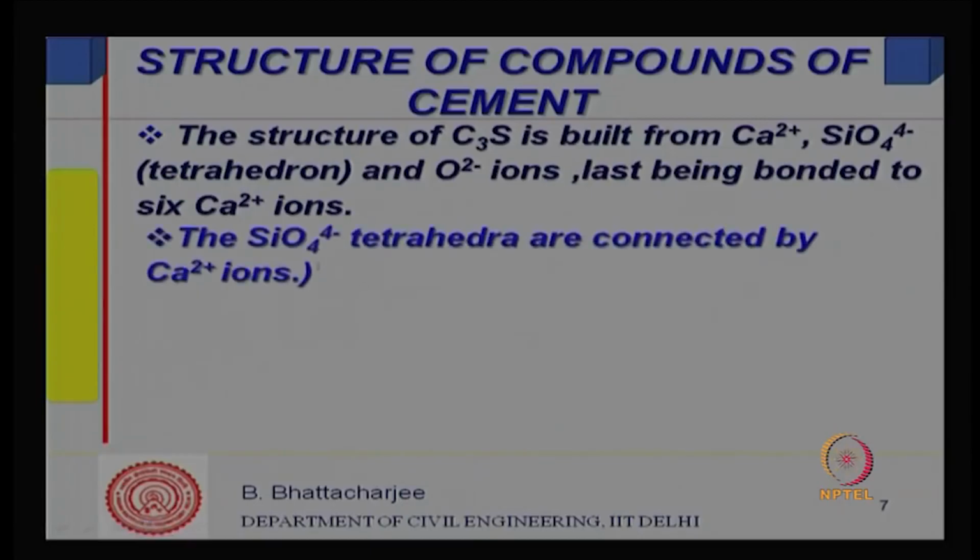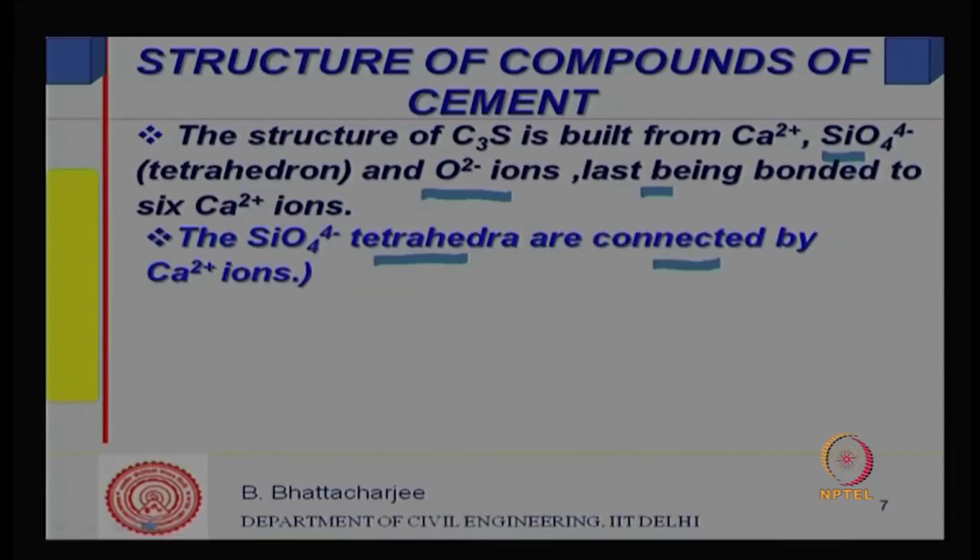These SiO4 tetrahedra are connected by calcium ions. So, the structure of C3S is built up of calcium ions, SiO4 tetrahedra and oxygen ions, and the SiO4 tetrahedra are connected by calcium ions.